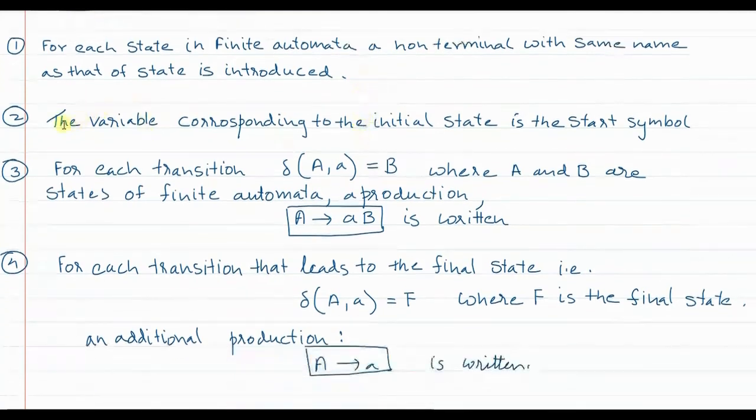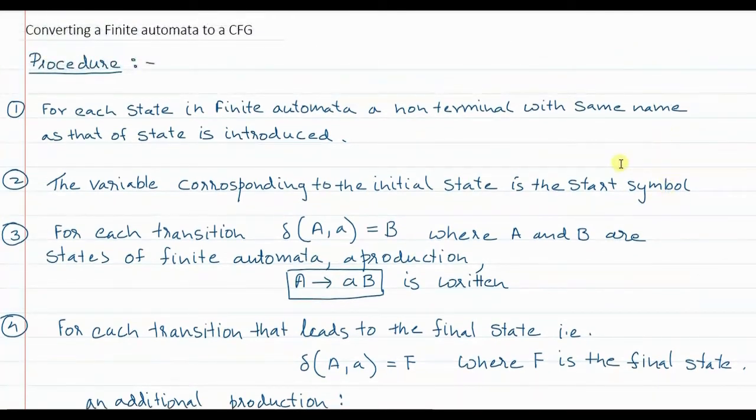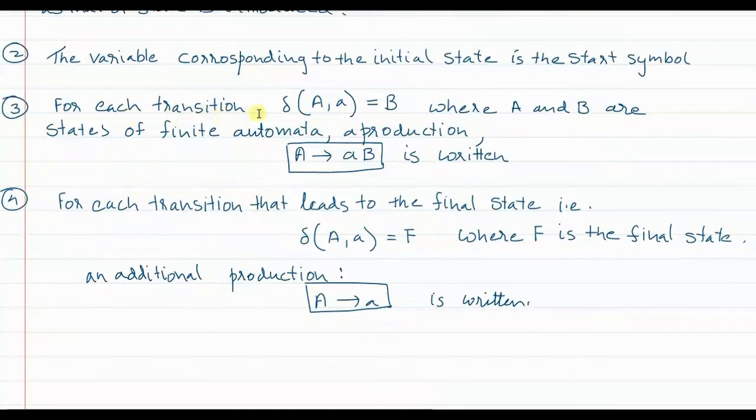Understood? Second, the variable corresponding to the initial state will be the start symbol. So for example, if A is the initial state of your automata, then the start symbol also will be A. Now for each transition of the type delta of A comma a equal to B, that means what? Transition from state A on reading small a, you go to B. So this is how a transition is defined, no?